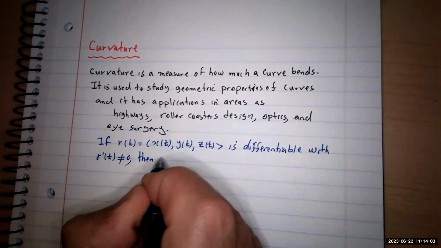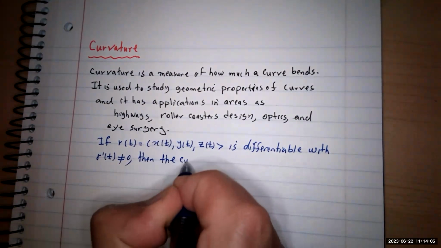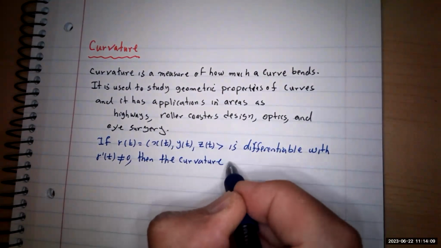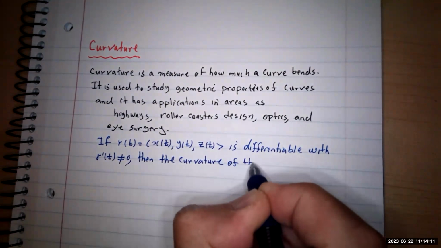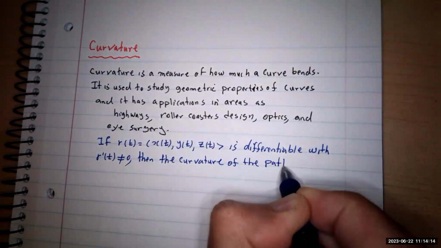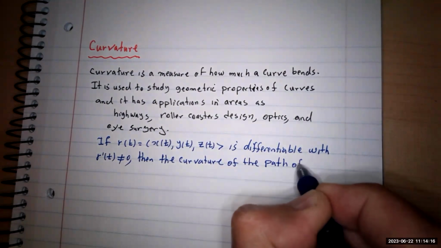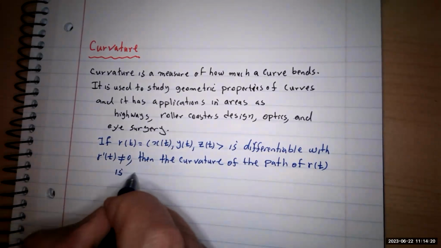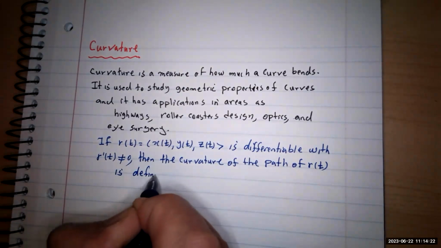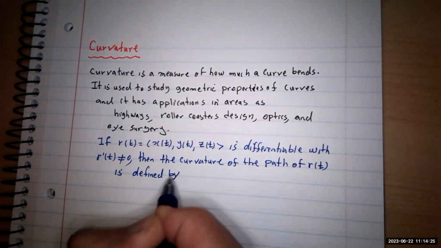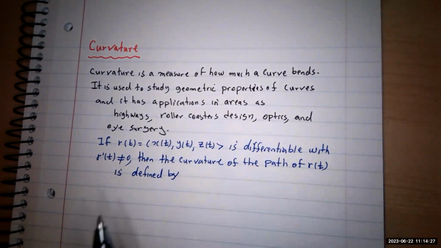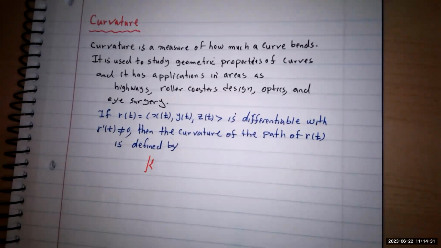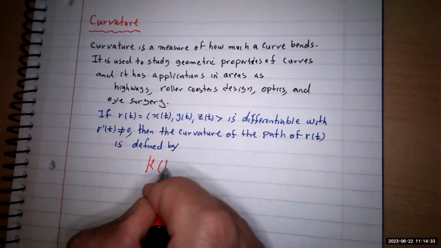Then the curvature of the path of r of t is going to be defined by this. The curvature is denoted by kappa, the curvature of t.